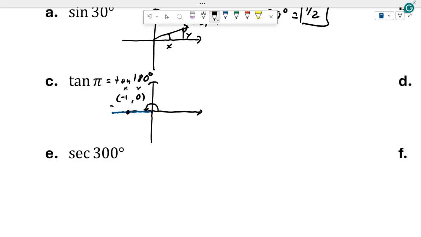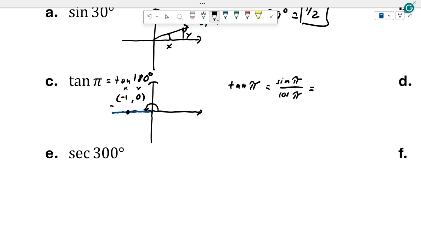That's x and y. So if I want the tangent of pi, here's where you're going to have to remember how to express tangent in terms of sine and cosine. Tangent is sine over cosine. And that's pretty foundational to trigonometry. So at this point, you really should remember that tangent is sine over cosine.